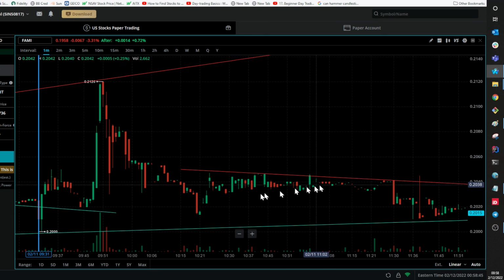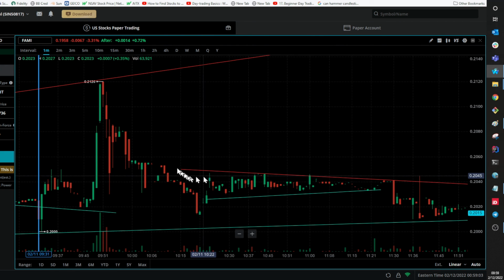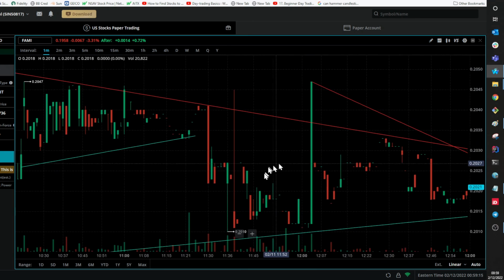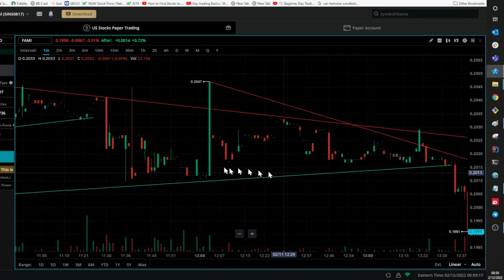This isn't really, this is more like a pennant. It is converging. It was descending, but then it went up and right into it. So ascending here, comes down. What else we got here? Looks like another triangle. Triangles obviously are easy to see, right?